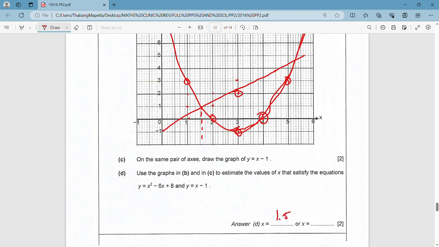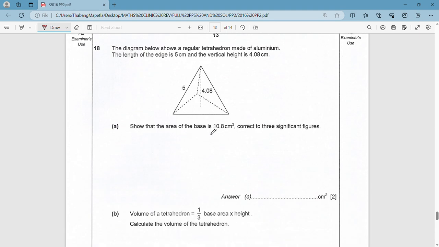Then the next one, 5.2. Then moving to the next question.